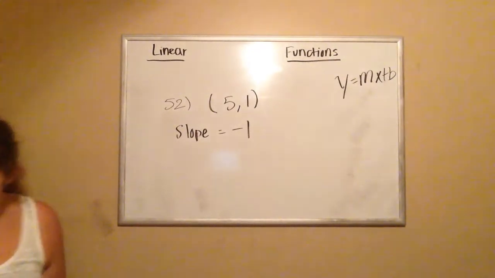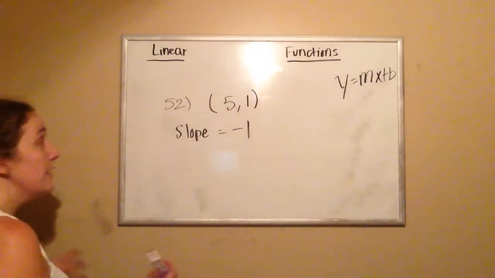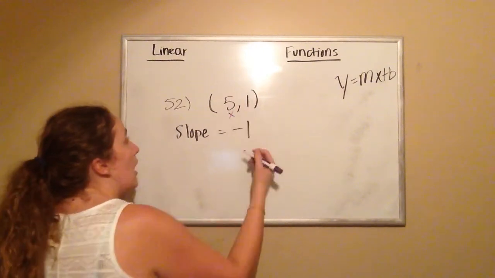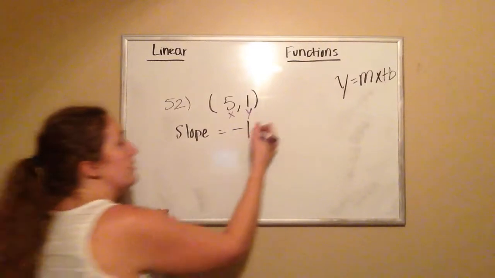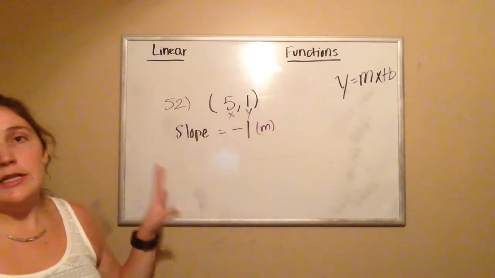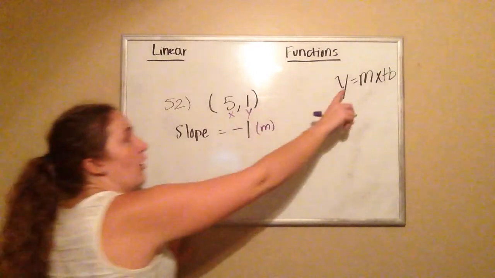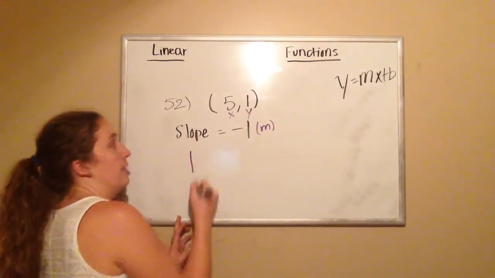Okay? And we're going to just try and see what we have here. So if we look at a point, our coordinate points are always x, comma, y. Okay? Our slope is always represented by m. So if we look in our equation, let's plug in what we have. Our y. Well, our y is 1, so let's plug that in. 1.